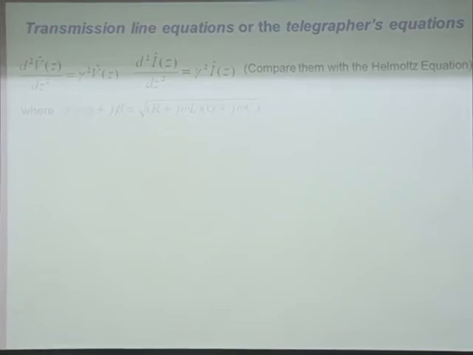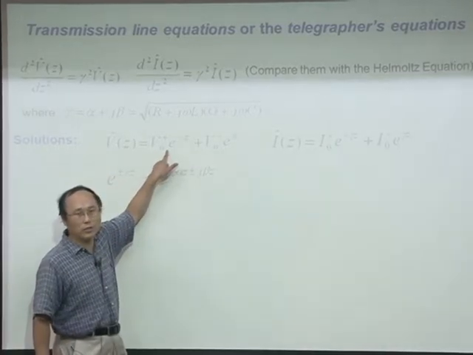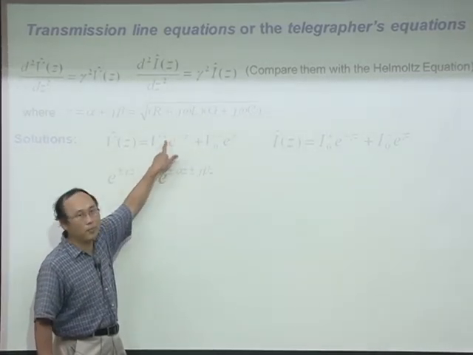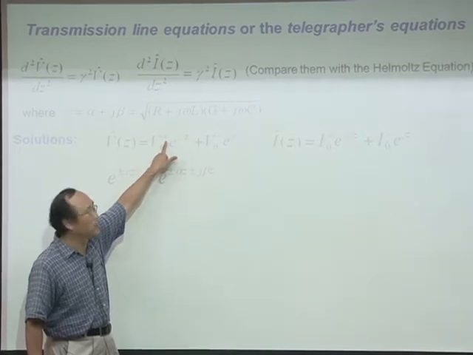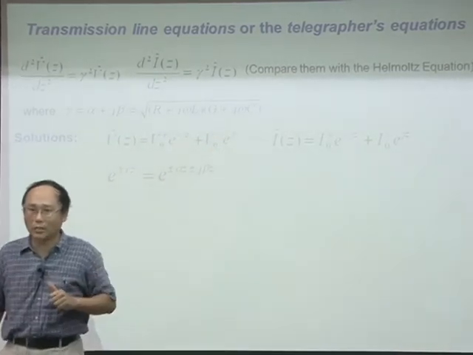Okay. And it is known the solution of this equation, so actually you can write down the solution into this form and this form. One is telling you that the signal is propagating in the positive z direction, and this term is related to the signal propagating in the backward z direction.